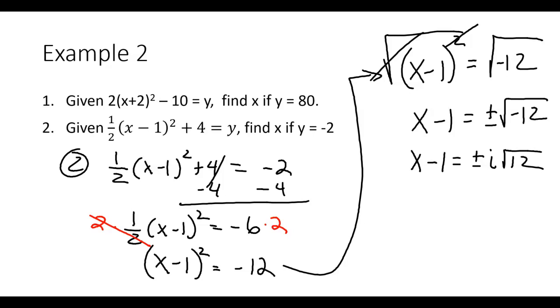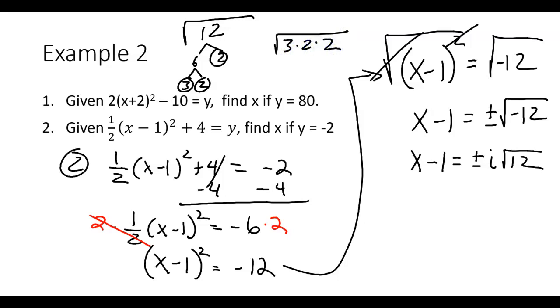Now we're going to break down our square root. I'm going to do that on the side here. 12. What times what makes 12? 6 and 2, good. And how about 6? So I've got a 3, a 2, and a 2. Denise, what can we take out of there?